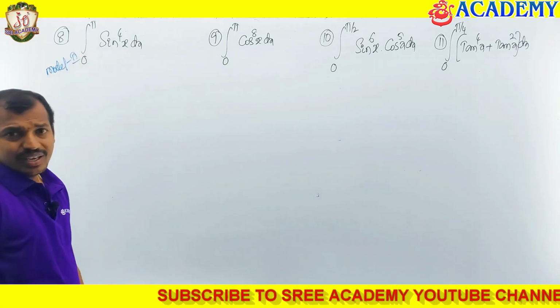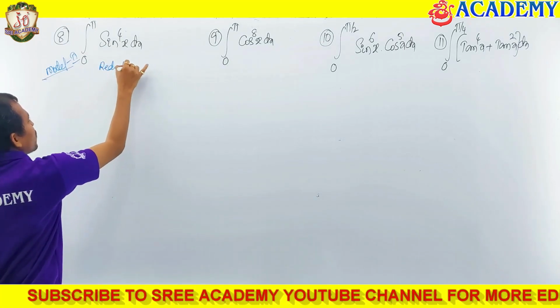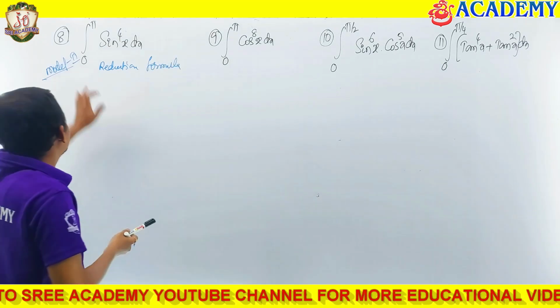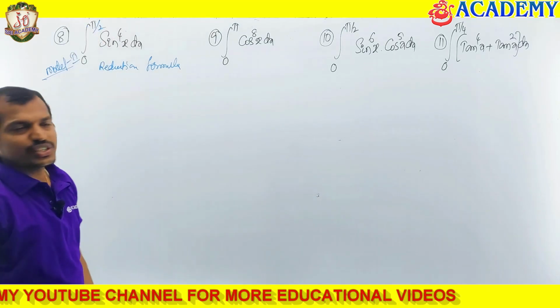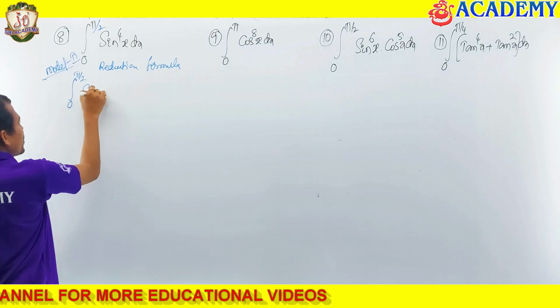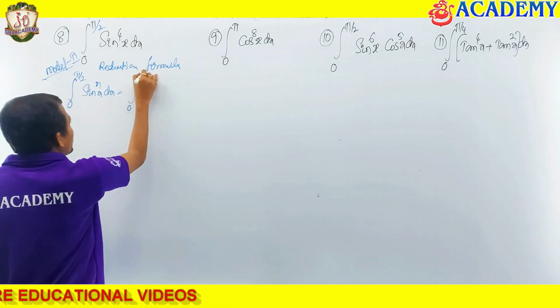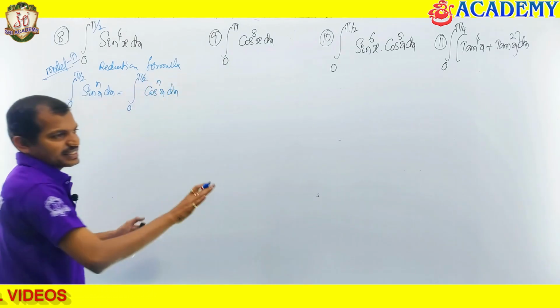We can say this as a reduction formula. Whenever 0 to pi by 2 is there, we can write integral 0 to pi by 2. That is, for integral 0 to pi by 2 of sin to the power of n x is given, or integral 0 to pi by 2 of cos to the power of n x also given, we can write the answers.